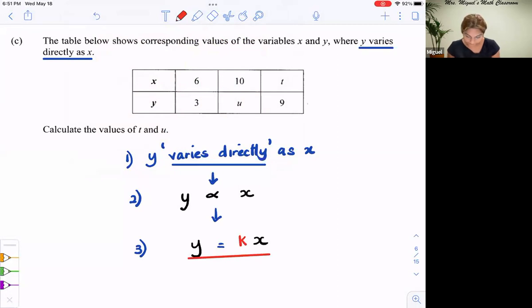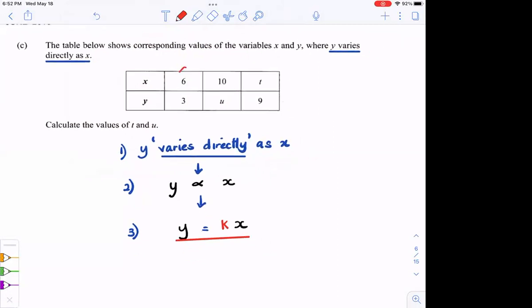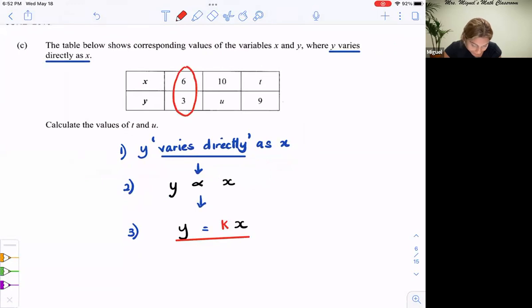Yes, miss. Right. You see, these two values, they gave you that for a purpose. And the purpose is you have to use the X and the Y to find K. Now, you're not going to choose this because as it is right now, you don't know how much U is and I don't know how much U is. You're not going to choose this pair of values because I don't know how much T is and you don't know how much T is.